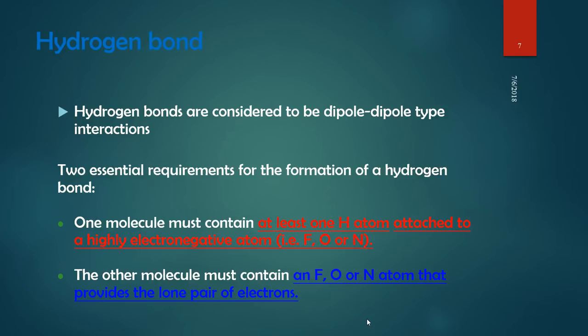Two essential requirements for the formation of a hydrogen bond: one molecule must contain at least one hydrogen atom attached to a highly electronegative atom, and the other molecule must contain an F, O, or N atom that provides the lone pair of electrons. It contributes to the degree of polarity. The hydrogen atom is positive, and the F, O, N atom is negative.